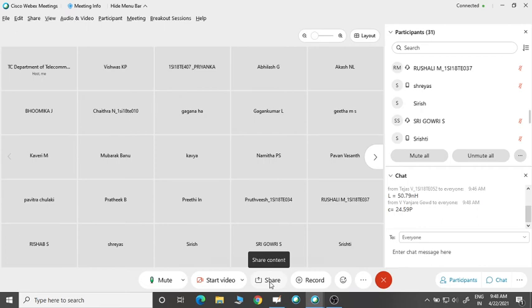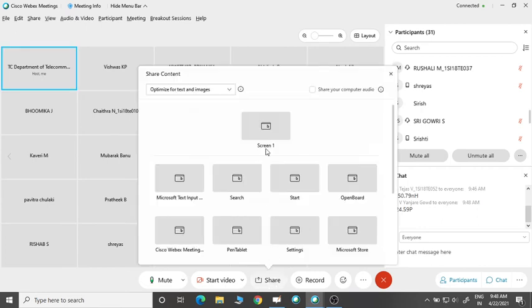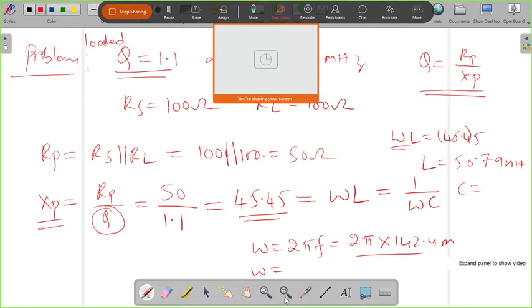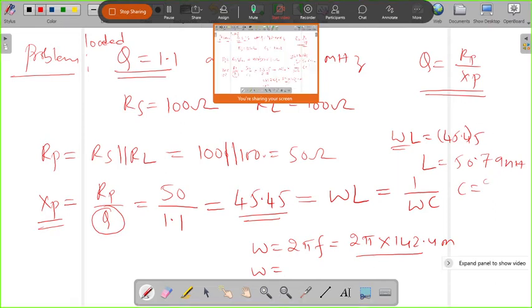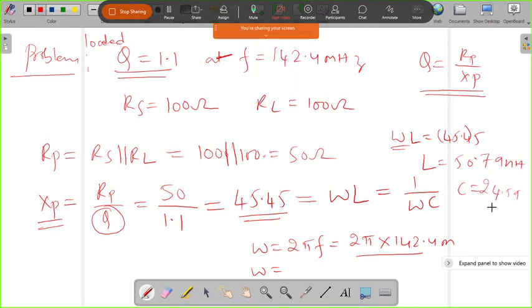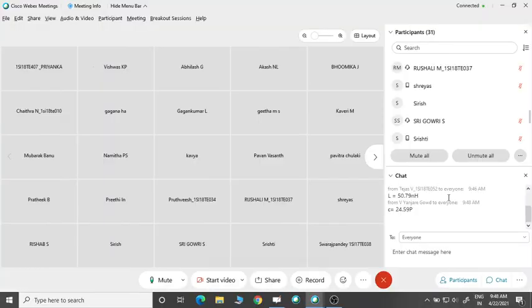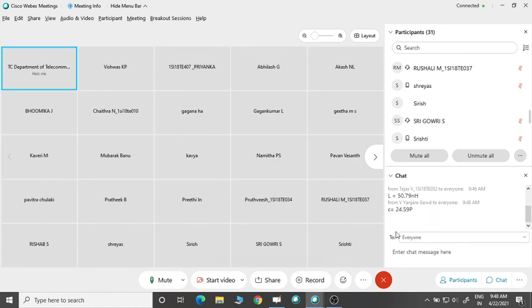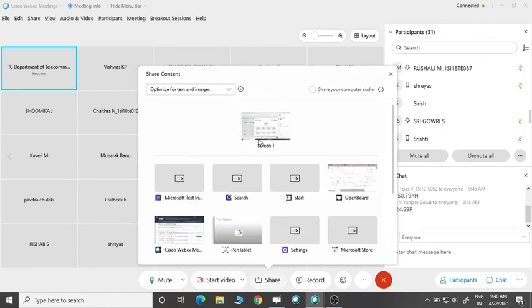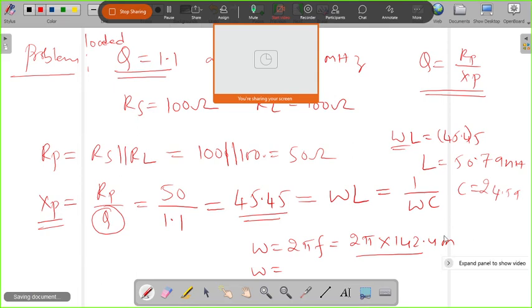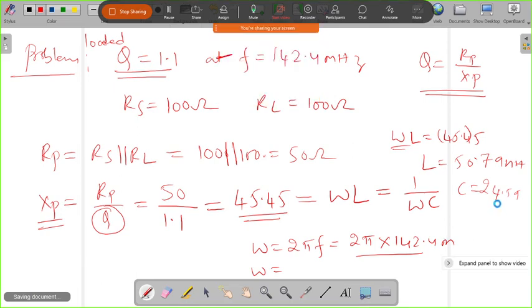Okay, C is 24.59. Is it picofarad? Okay, picofarad. So that is what you will get for the capacitor, 24.59 picofarad. So now we got L and C, which are required for our circuit.